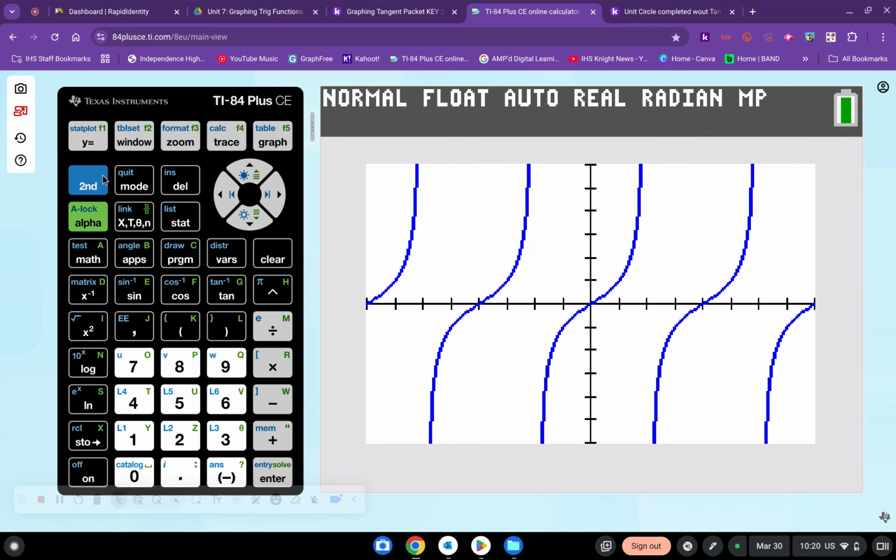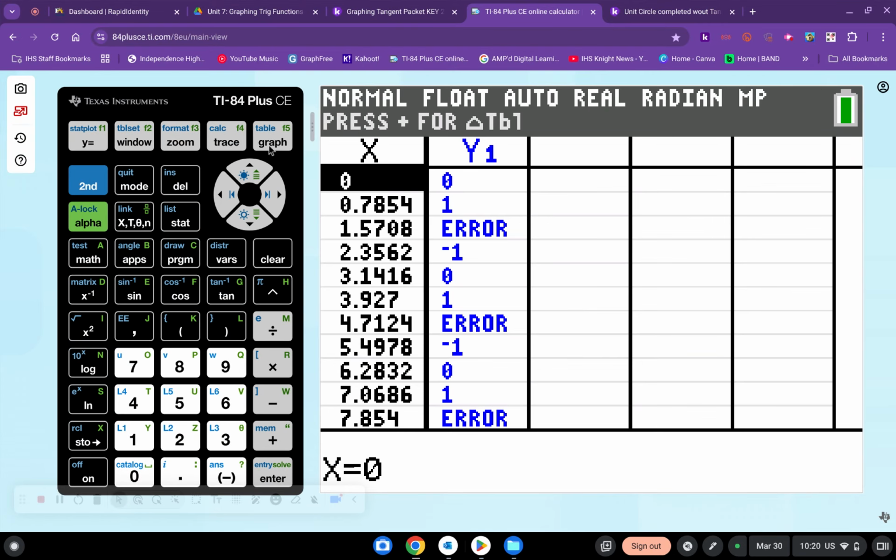So then when I go to my table, let's take a look. Second table here in blue, you'll see the values. Now this is going to be pi divided by 4, this is pi divided by 2, 3 pi over 4, and this is pi. So I can fill in the table that I have on my paper, and these places where it says error indicate the asymptotes.